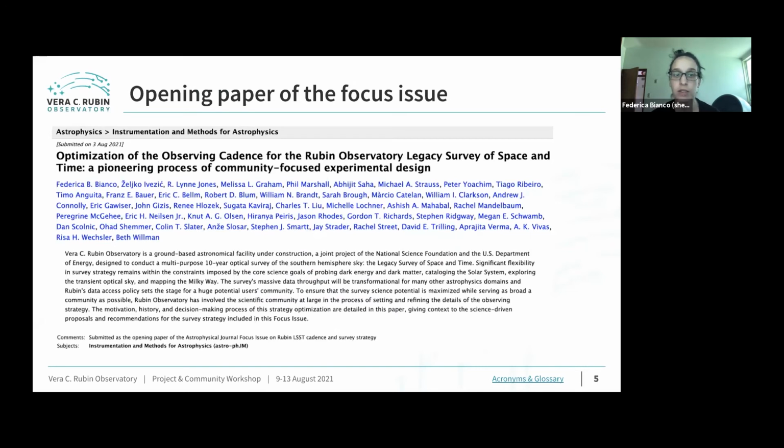Do look at it, because it contains information that serves all the papers within, so that each paper doesn't have to contain background information on Rubin, on why the survey strategy process has been done with a community focus, or even on elements of the software that enable the contributions, such as OpSim and MAF. That information is in the opening paper and can just be referred to in the following publications.